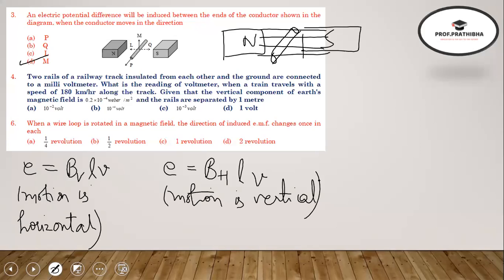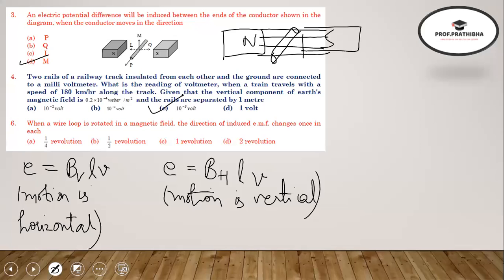The length is 1 meter, the magnetic field is given to you, velocity is 180 into 5 by 18. So that should be 50, right? Tell me how much are you getting? Correct. So I hope everyone is getting option C. Everyone? Good.